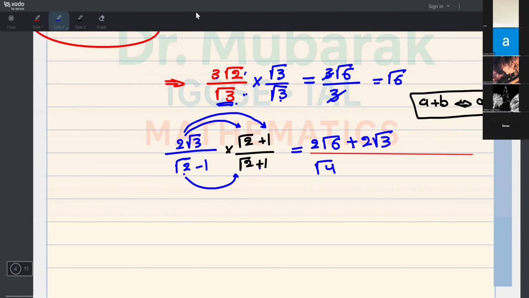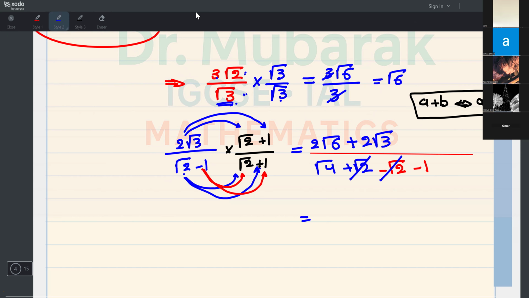Root 2 times 1 is root 2, and then minus 1 multiplied by root 2 is minus root 2, and minus 1 times 1 is minus 1. Cancel, cancel. This always happens: you will cancel the two terms in the middle, always.